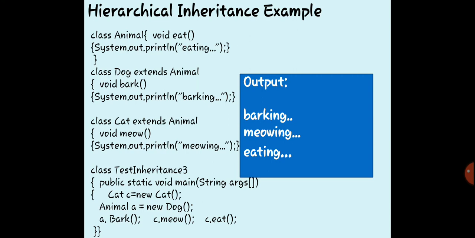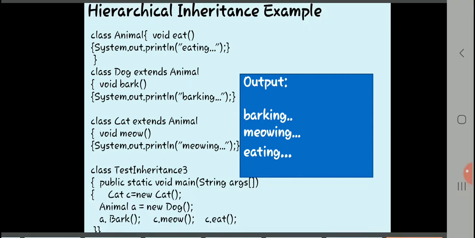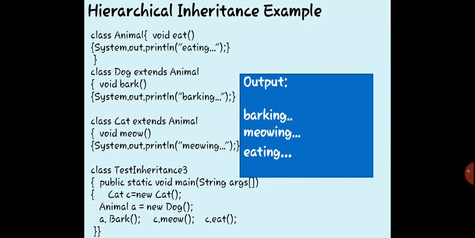This is an example for that. Animal is inherited by Dog. That is one branch, and the same Animal is inherited by Cat, but there is no connection between Dog and Cat. So we create the main class, and here if we want to invoke Dog's method, we have to create an object for Dog.